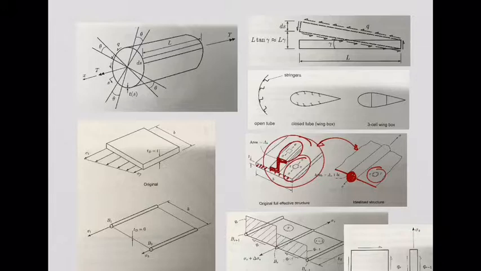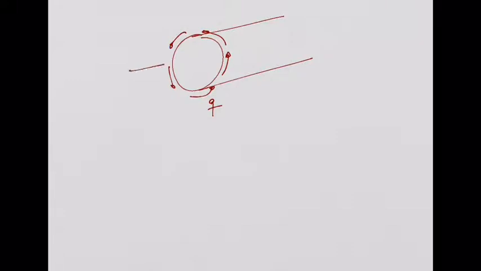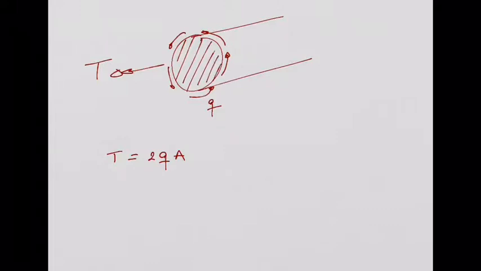So last week, I showed you what we derived in torsion. Imagine you have a tubular cross-section like this. I showed you that the shear flow around this cross-section is constant, right? And if you have a torque applied on this cross-section, we concluded last week that the torque is 2QA, where A is the area of the cross-section.